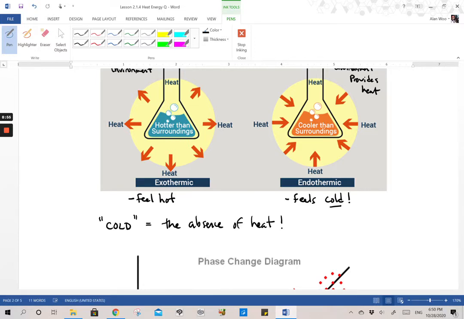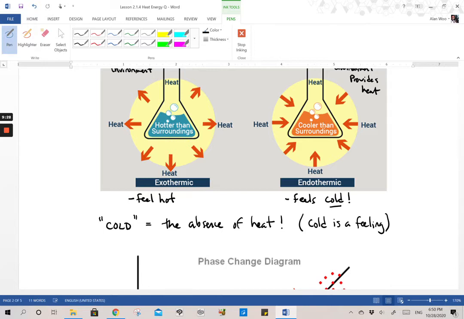And if there's very little heat present, then it's considered cold. Most of the time we have trouble measuring coldness. For example, wind chill. Wind chill gives us a sense of how cold something is, but it doesn't really measure what the actual temperature is. When you're measuring temperature, you're actually measuring how much heat is present.